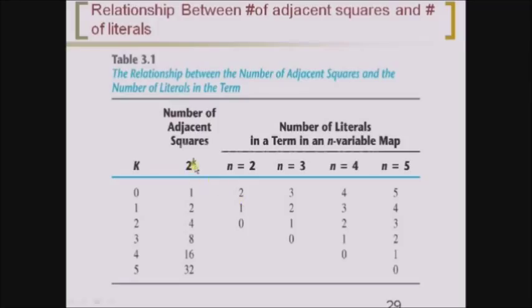If the adjacent cells are 2, then inside the 2 variable map the number of literals that you get in the resultant expression is 1. And if the adjacent cells are 4, then you will be getting 0 literals, the output would be 1. In the same way you can go with n equals 3, 4, 5, where n is the number of variables.